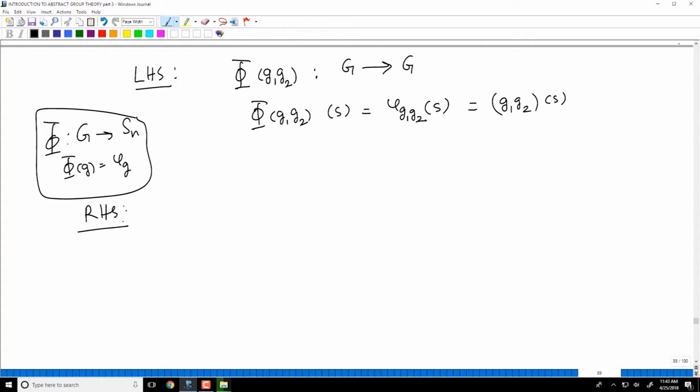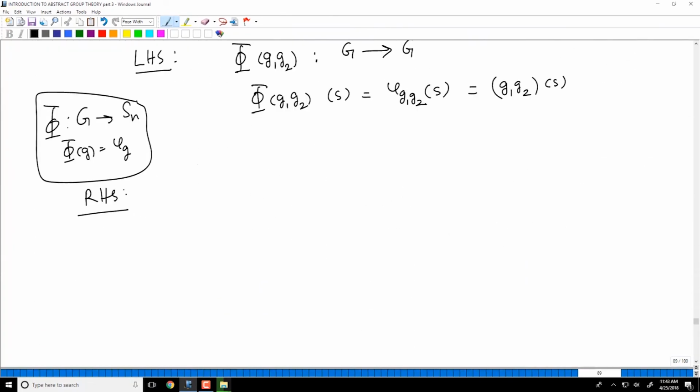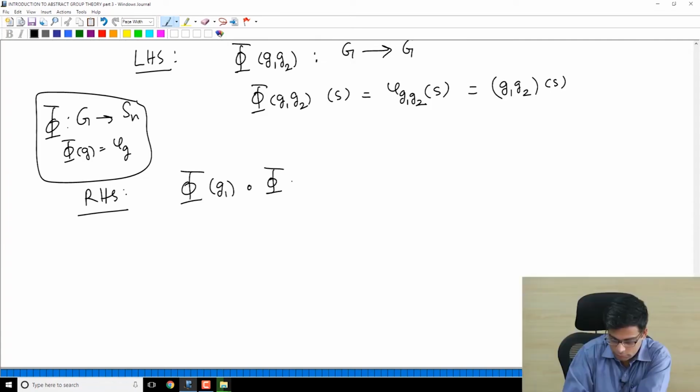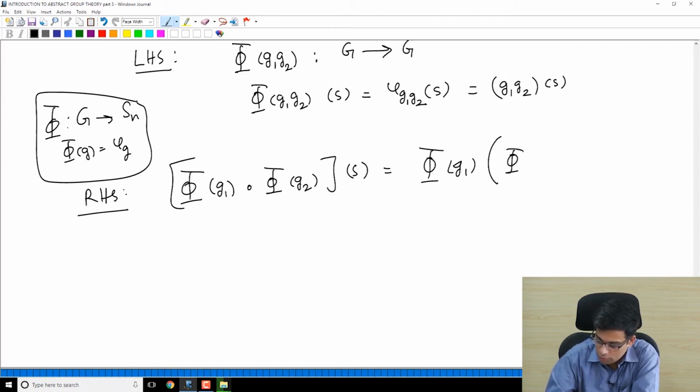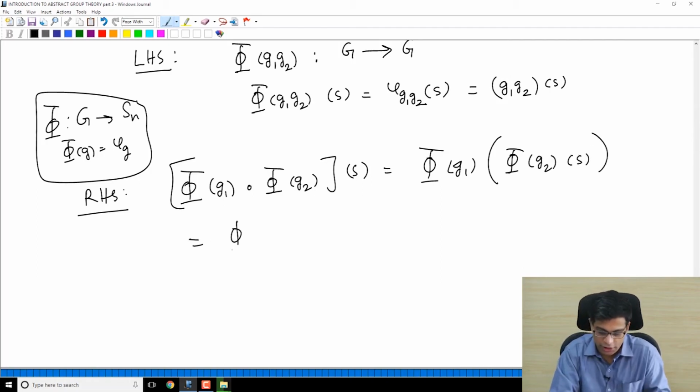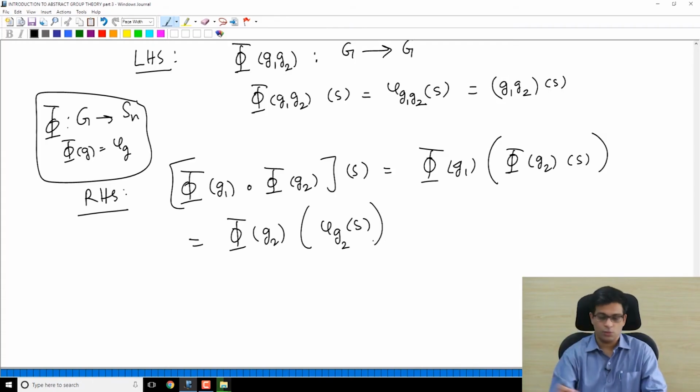Now what does RHS do? What is RHS? RHS is Phi g1 circle Phi g2, this composition applied to s. Composition of functions says that this must be Phi g1 applied to Phi g2 applied to s. That is the definition of composition. But what is Phi g2? Phi g2 is small phi sub g2.